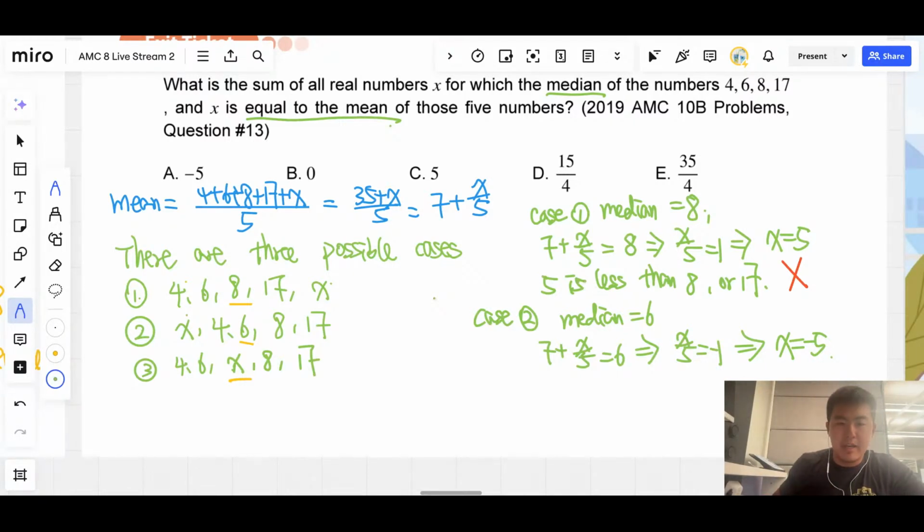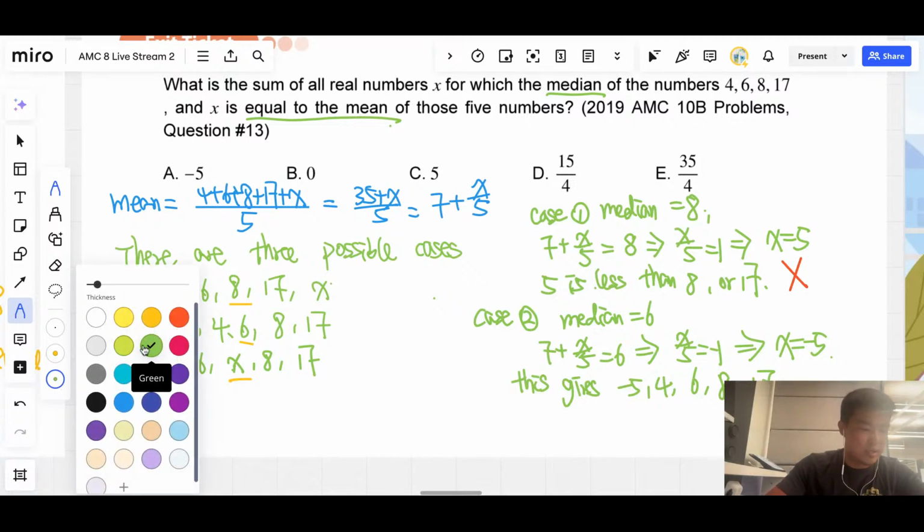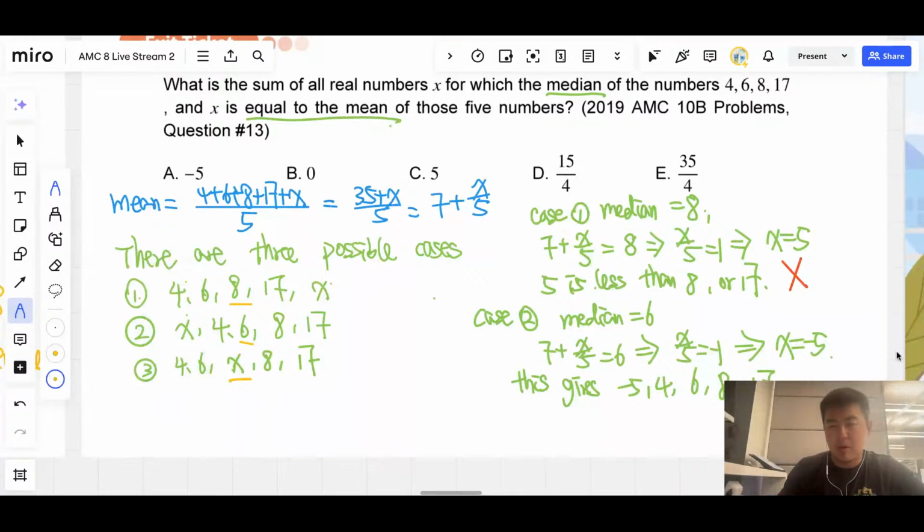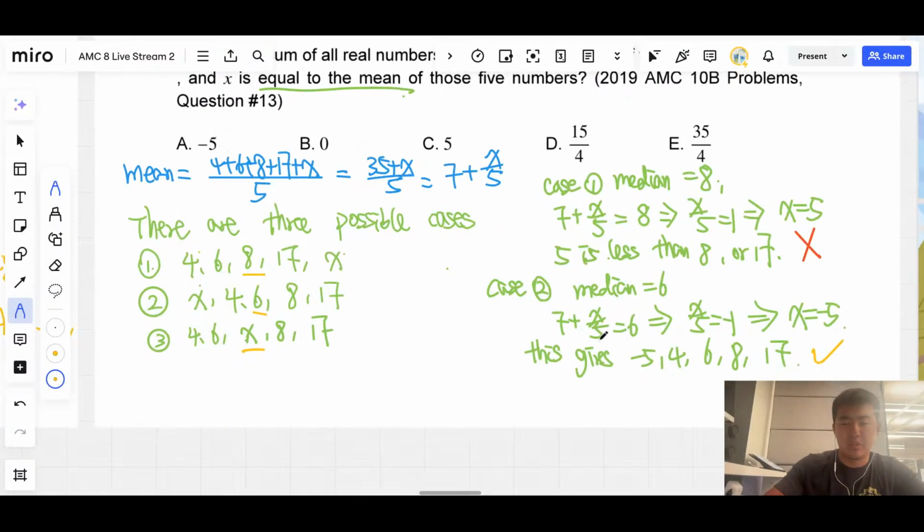If x is -5, of course it's less than 4, 6, 8, and 17. So we have -5, then 4, 6, 8, 17. In this case, there's nothing wrong, so this is a case we need to take into consideration. I will put a yellow check mark at the end. So case number 2 is valid.